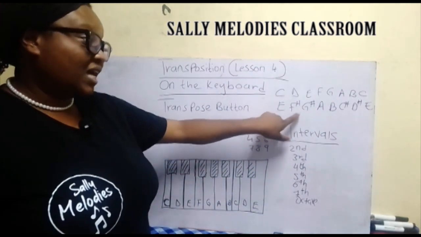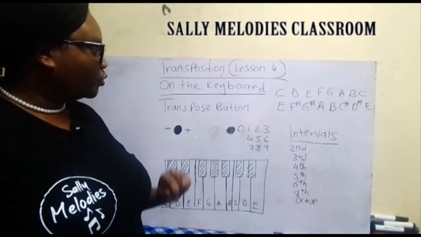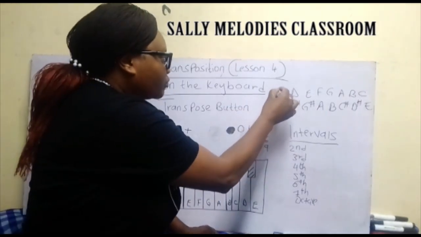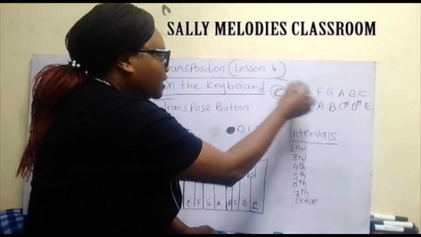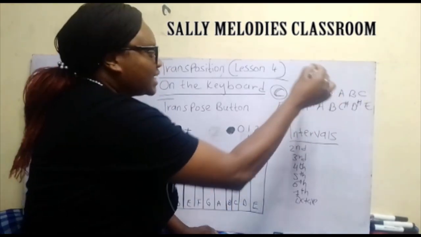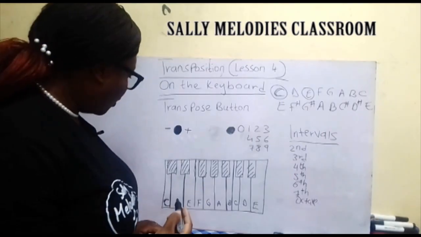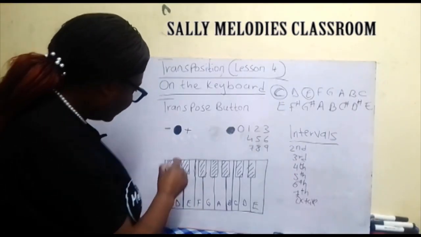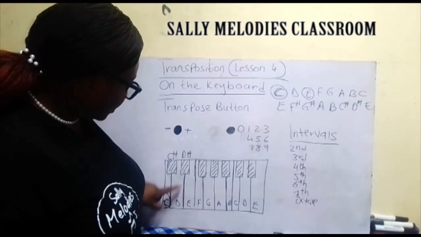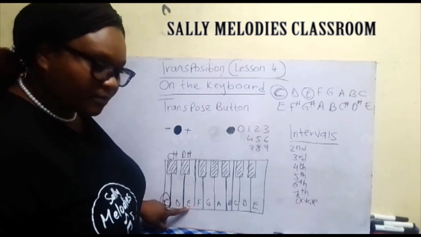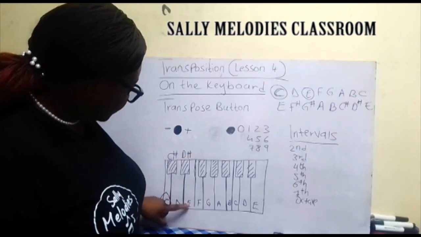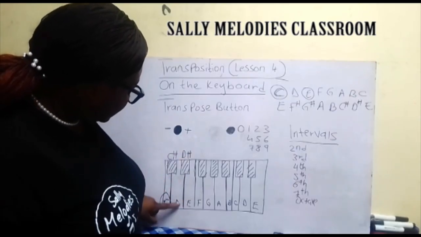So what you do, you come to this transpose button and then you add. You are moving from C to E. That is a third. But how many semitones? This is C, and then we have C sharp, D, D sharp, and then we have E. 1, 2, 3, 4.